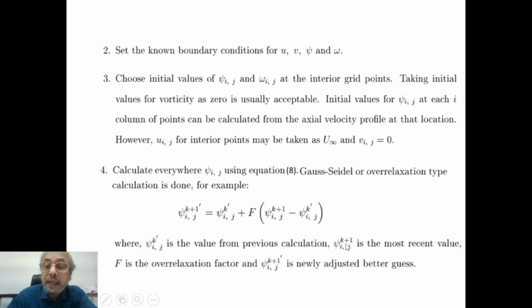Psi ij k plus 1 is the most recent value calculated from equation 8. F is the over relaxation factor. I'll discuss it again later. It is usually 1.2, 1.5, 1.3, something like that to accelerate the calculation. And psi ij k plus 1 prime is the newly adjusted, better value.